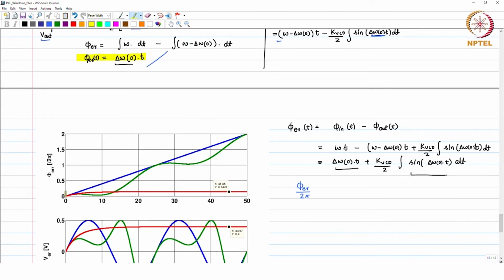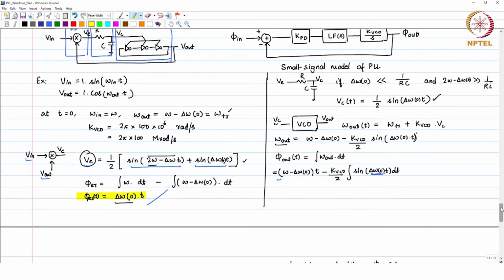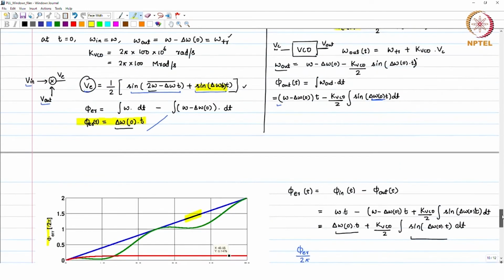So, the curve which you see is this, the blue one. When I highlight, this is the curve which is increasing linearly with time, and I am plotting phase error by 2 pi. So, what you see is that the output value is 1 in place of being 2 pi or 3 pi, and so on. Then the next one is your error voltage or control voltage, which you see here, this one, half of sine of delta omega 0 t.